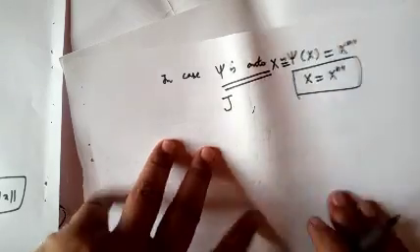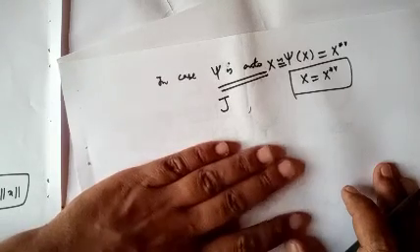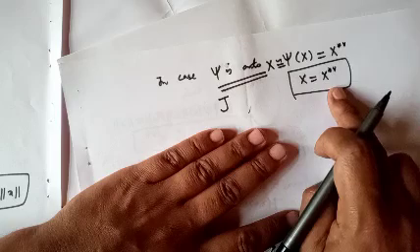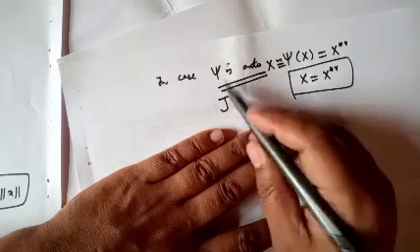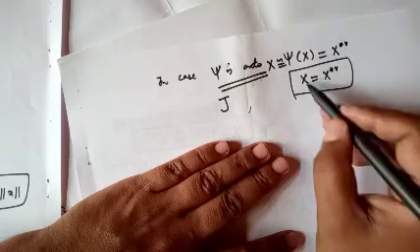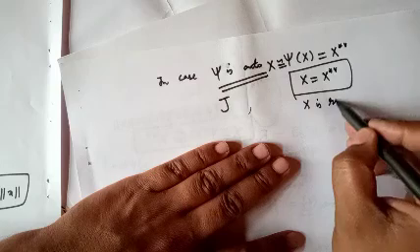Maybe I might have used j or psi, look at the notes, but that's immaterial. Then if psi or j is onto, we say x is a reflexive space.